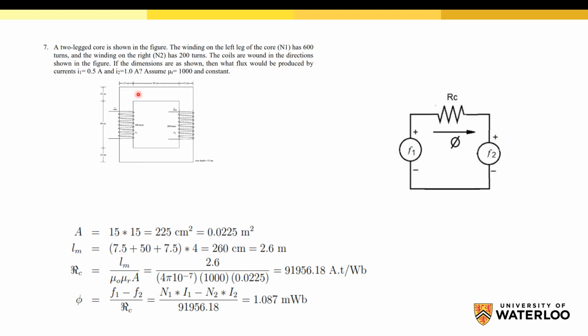For the length, we'll have 7.5 plus 50 plus 7.5, all this multiplied times 4, and then we again have to convert this length to meter. Now we have the length and the area, we can calculate the reluctance, then we can easily calculate the flux. So that's all for this tutorial. Thank you and see you next.